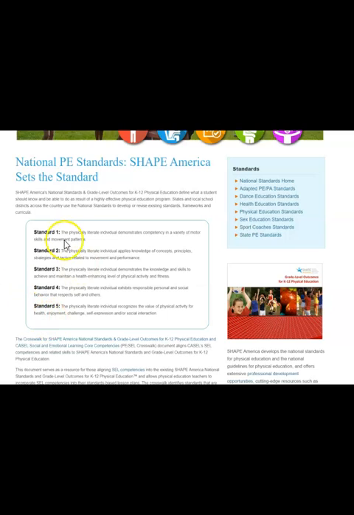So they took one of the standards and sort of combined it with the other one, and so now there's 5 instead of 6. So these are the standards that you're going to be using for this class, and also this is what's happening right now nationally in physical education standards. So just know that the book is just a little bit outdated in those standards.